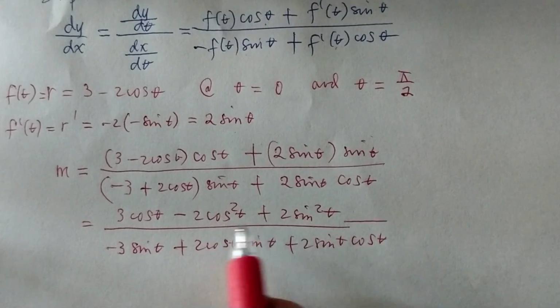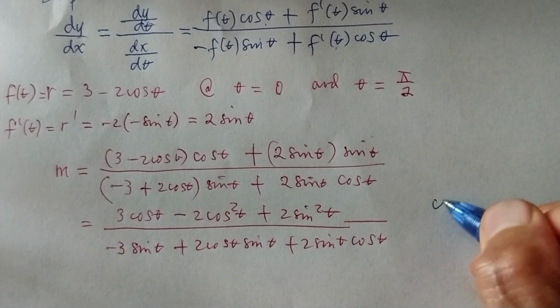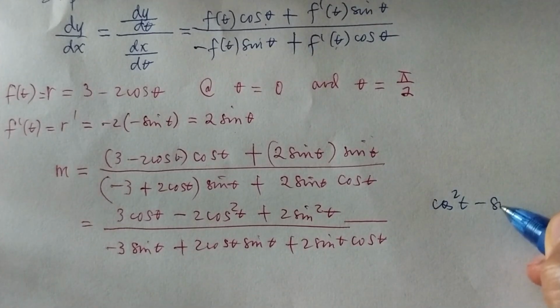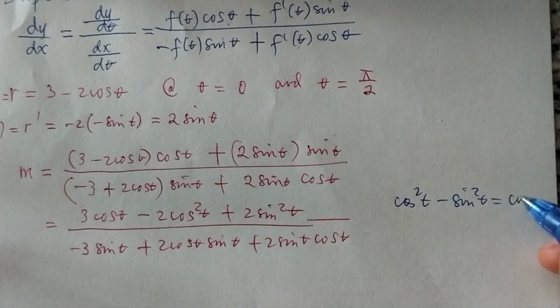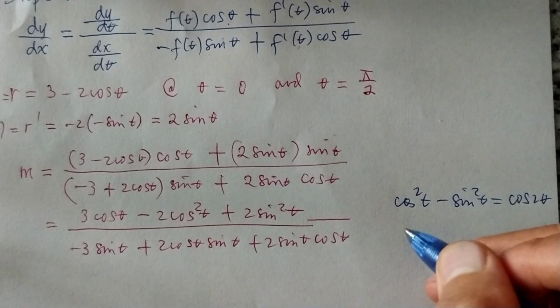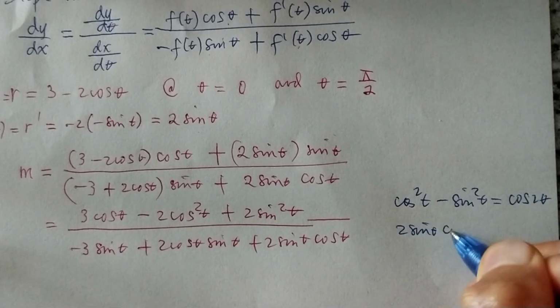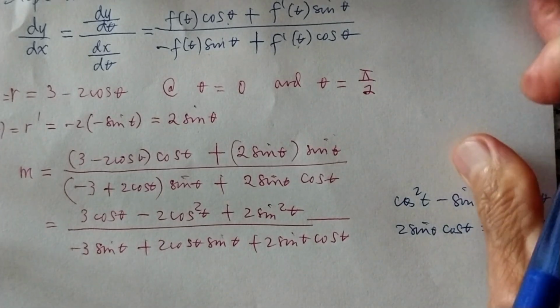We can use the identities here. We note that cosine squared theta minus sine squared theta is equal to cosine 2 theta. Also, we can use the identity 2 sine theta cosine theta is equal to sine 2 theta.